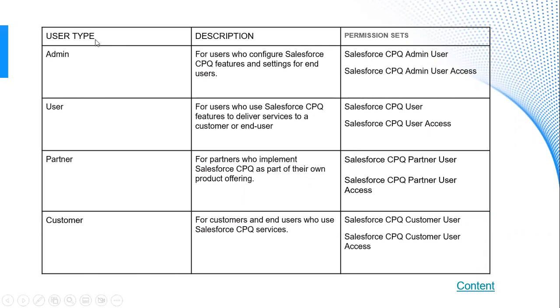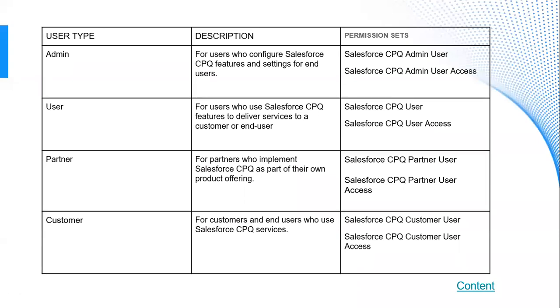The admin permission set, as the name suggests, is for the users who configure Salesforce CPQ features and settings for the end users. In this type of permission set, there are 2: Salesforce CPQ Admin User and Salesforce CPQ Admin User Access.